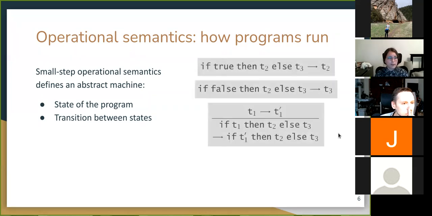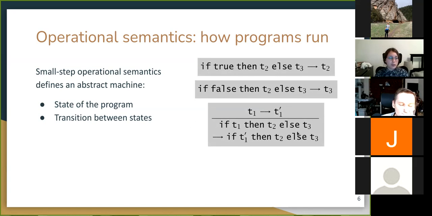So the rules for small step operational semantics for this simple language that we had with just true, false, and the if statement. Again, we are using inference rules, and here the idea is we are saying what are the ways to rewrite the program on the left of this arrow to the program on the right. And we are going to simplify the program by applying these rules. Right, so here, if we know that the condition is true, we are going to take the first branch.